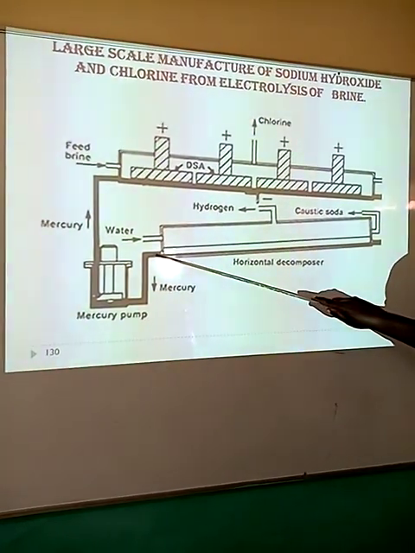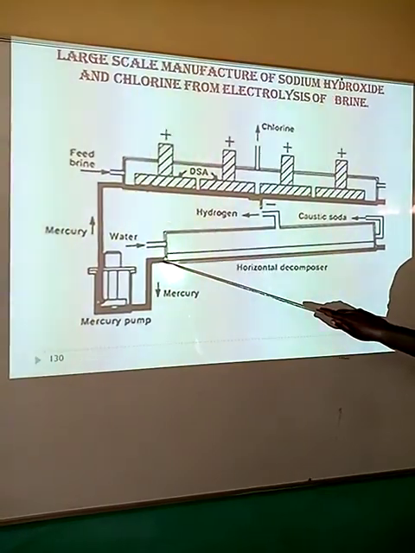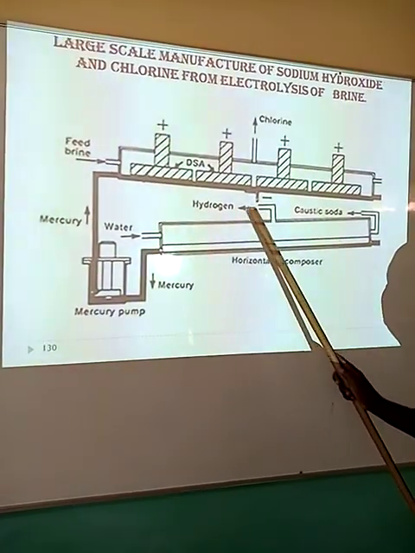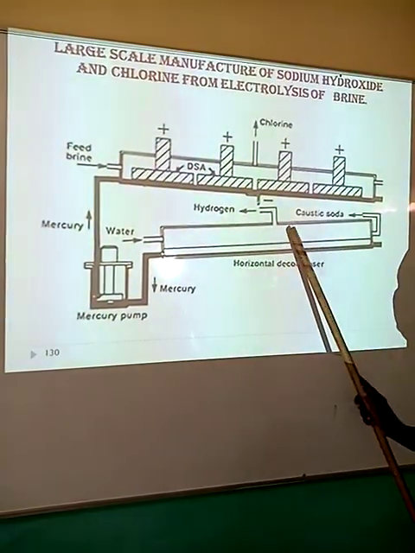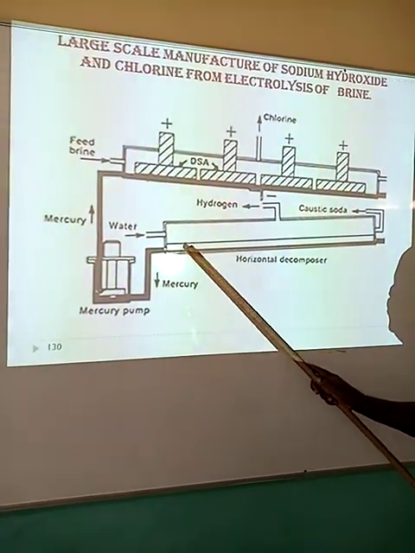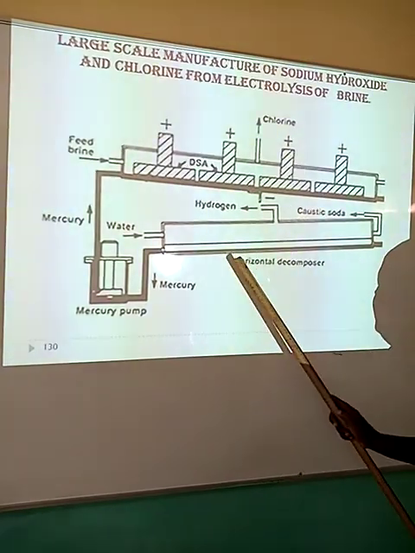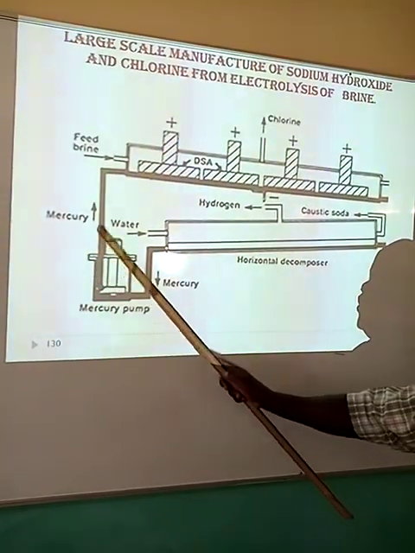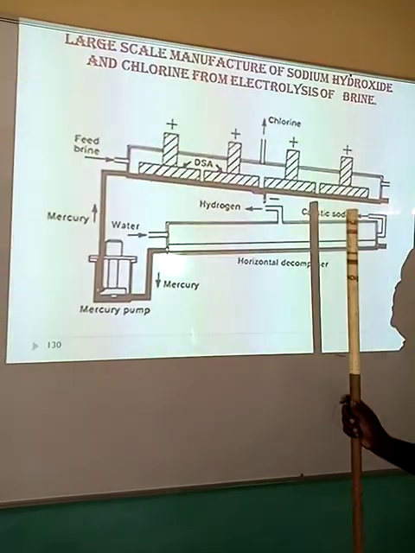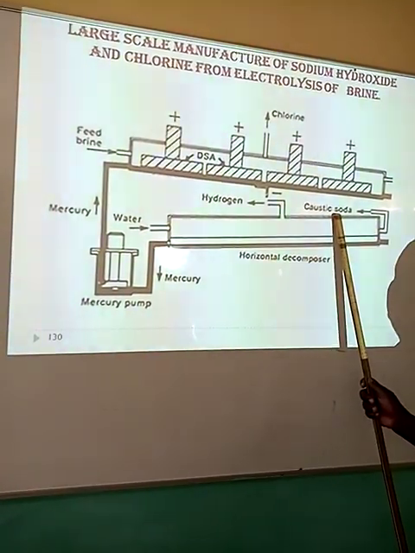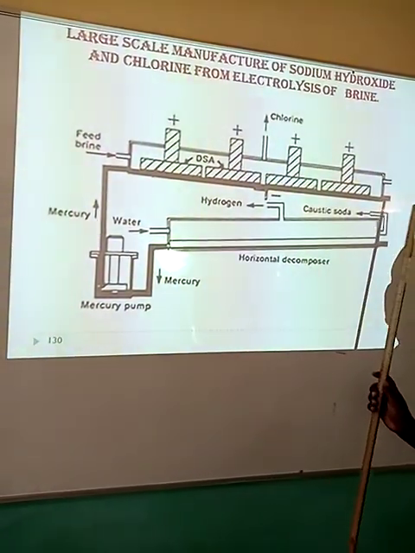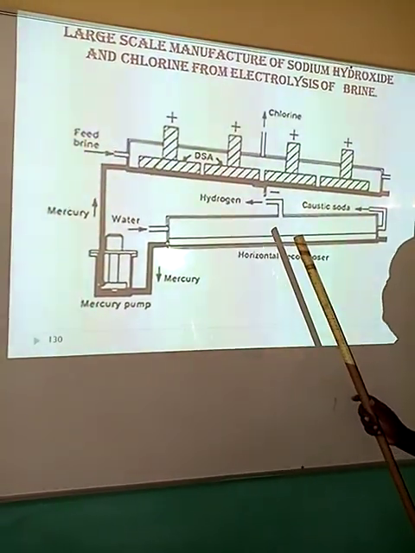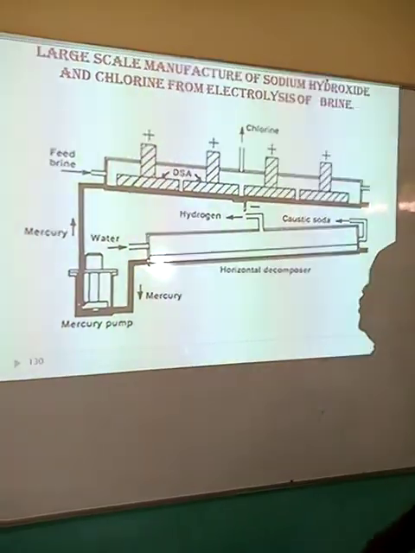There will be no more amalgam, but mercury, because sodium shall have reacted with water to form sodium hydroxide and also hydrogen. So the mercury that is left will be regenerated and will flow through the system once again. And that's how sodium hydroxide is obtained in large scale, and this hydrogen is also obtained in large scale and can be taken to where it's supposed to be used.